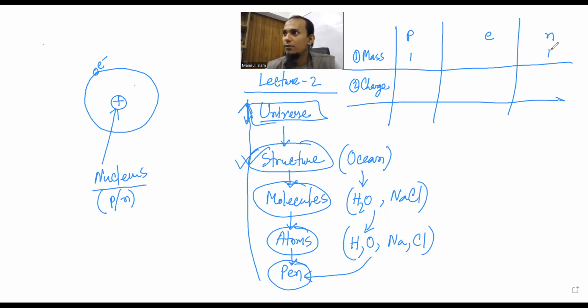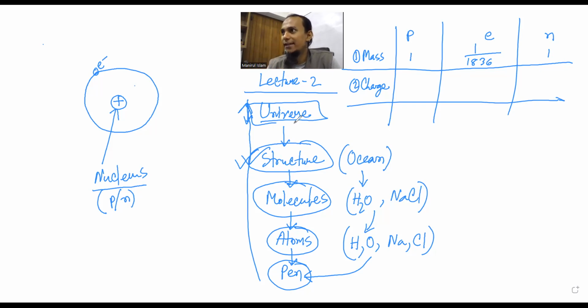If you take approximately 1836, around 2000 electrons together, you will get the mass of only 1 proton or only 1 neutron. So it's almost 1 divided by 1836.